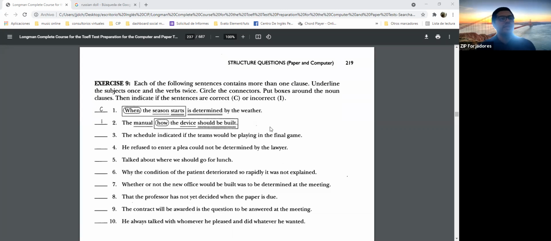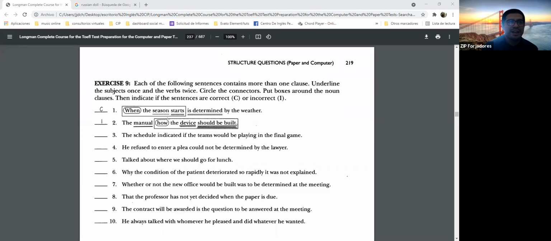Number 2, the manual, how the device should be built. So the first thing, subjects and verbs. I have here a verb, should be built, which is passive. The subject, device. And here I have another subject, the manual. But this is strange because I don't have another verb.